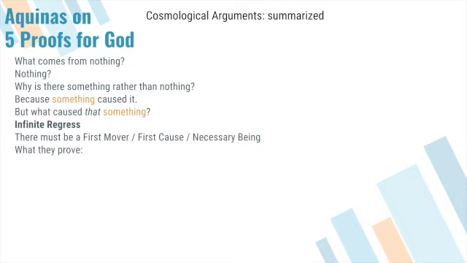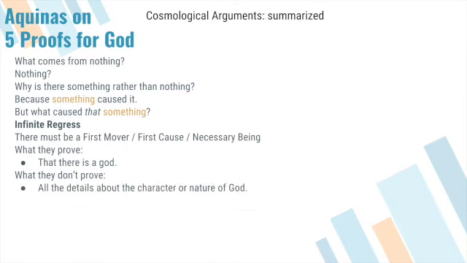Here's what they prove. The cosmological arguments, if they're successful, prove that there is a God. Here's what they do not prove, right? They don't prove all the details about the character or nature of God. They don't prove Christianity as opposed to Islam. They don't prove Christianity as opposed to, let's say, Judaism, or as opposed to some other things, perhaps, right?